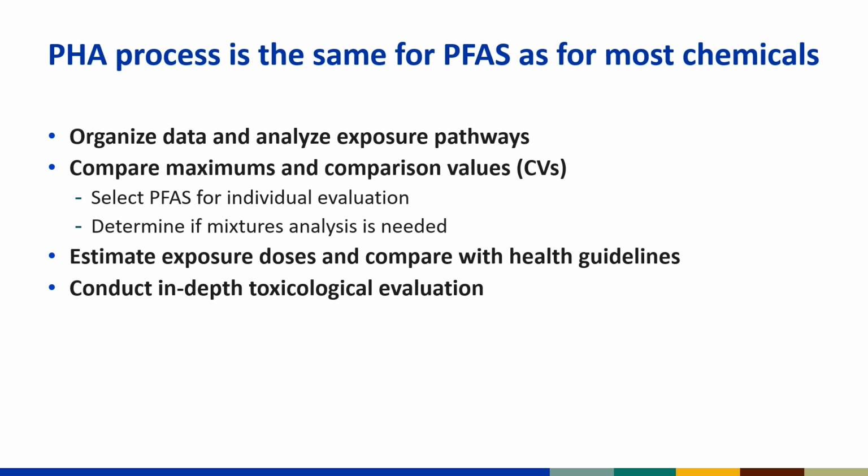And when doses are higher than health guidelines, we do an in-depth toxicological evaluation to determine if harmful exposures could be occurring. For PFAS, it's especially important to consider potential mixtures effects, since there are so many different PFAS, and many of the PFAS we know about have effects on similar organ systems.